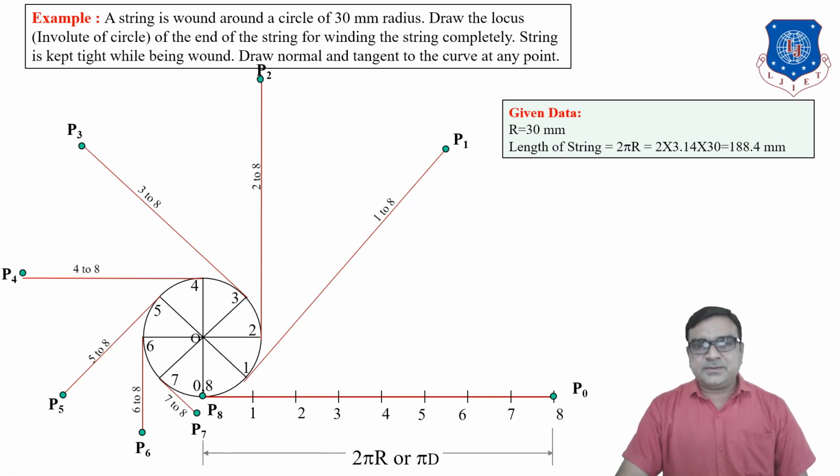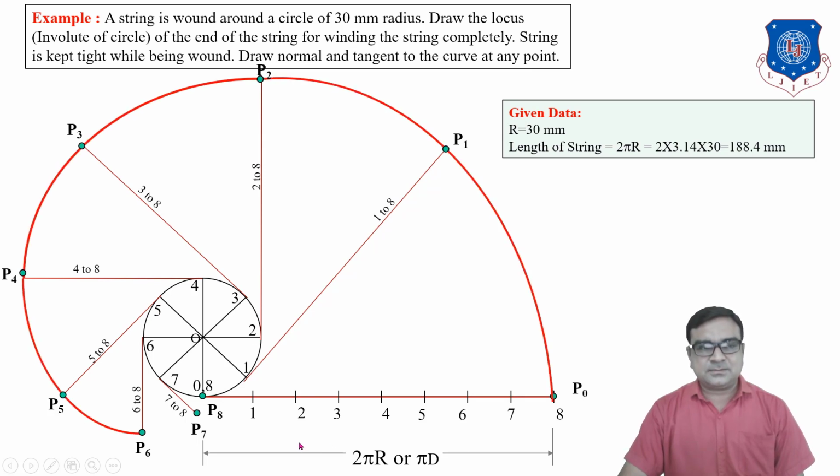So up to this we have only the points on every tangent. So you have to draw a freehand curve passing through P0, P1, P2, P3, P4 up to P8. The curve must be smooth. This is the involute of a circle.